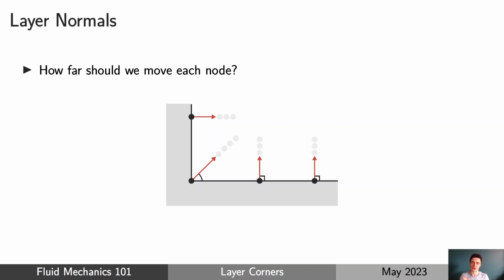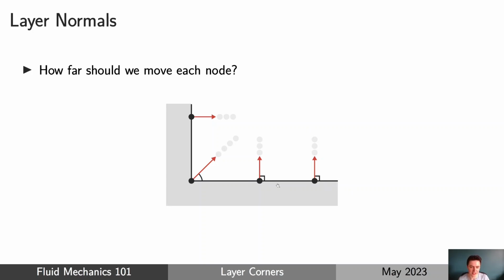Now, the second question that I want you to think about here is, as well as those node normal vectors and which direction they're pointing in, I want you to think about how far we should be moving each layer. Because when you set up the parameters for your inflation layers, what you normally set is a first layer height, a growth ratio, and then a number of layers. And so for these layers on the bottom here, it's quite straightforward.